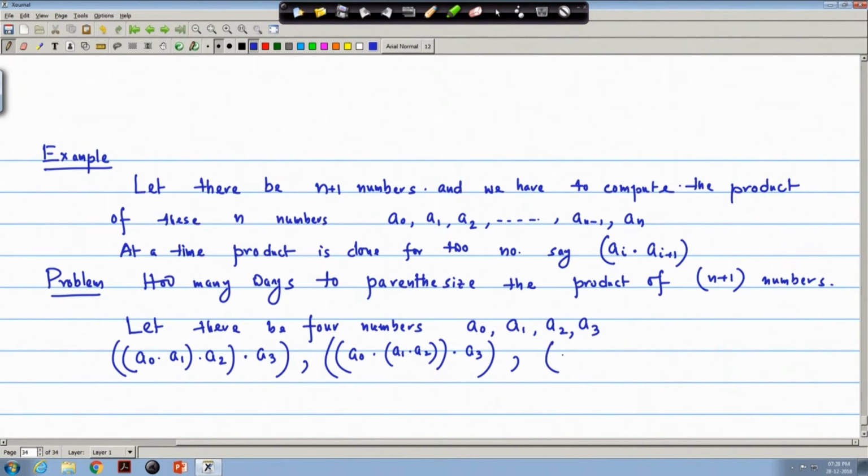I can take A0, A1, A2, A3 and then I take the product.